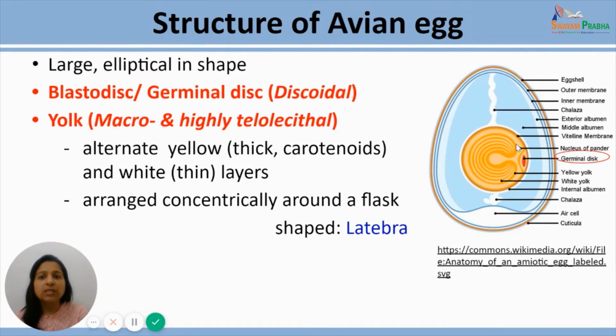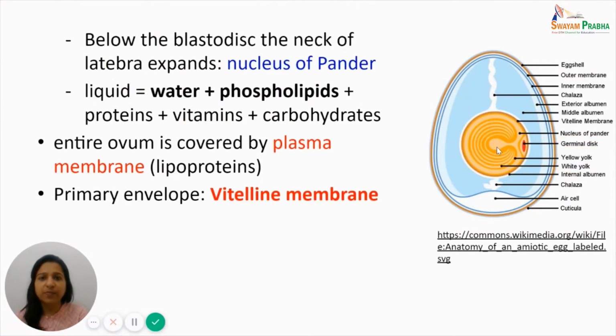Now this yolk consists of alternate yellow and white layers which are shown here, and they are arranged concentrically around a flask-shaped structure known as latebra. The yellow layers are thick while the white yolk layers are thin. The yellow color of the yolk is predominantly because of the presence of various carotenoids in them.